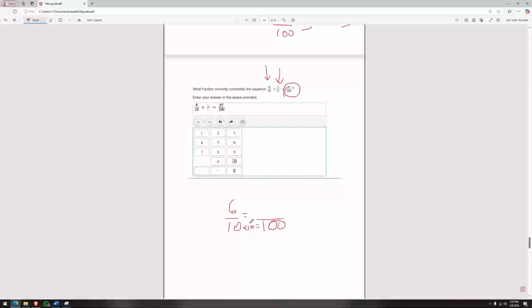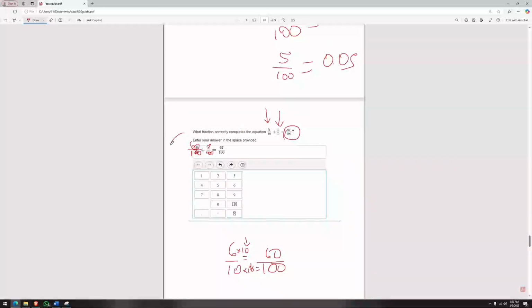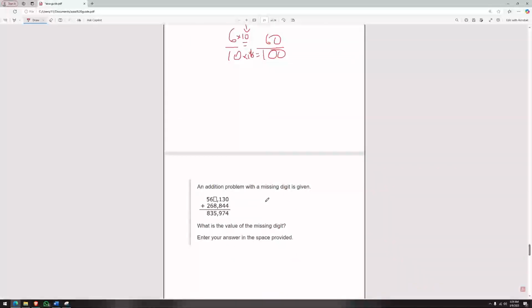If you multiply by 10 here, you have to do the same thing for the top number. 6 times 10, 60/100. Okay, this one is 60 over 100. So, we have 60 already, we need 7. 7 over 100, and now we can complete 67. Solo es convertir.